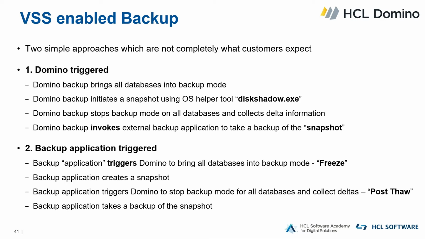And then the backup application takes the backup of the snapshot, and the delta information needs to be covered as well afterwards. This is already good, and this already works in 12.01 and also in 12.0. So 12.01 had some optimization, and in 12.0 it was already introduced and was already possible. But this is not really how we would see a fully integrated solution.